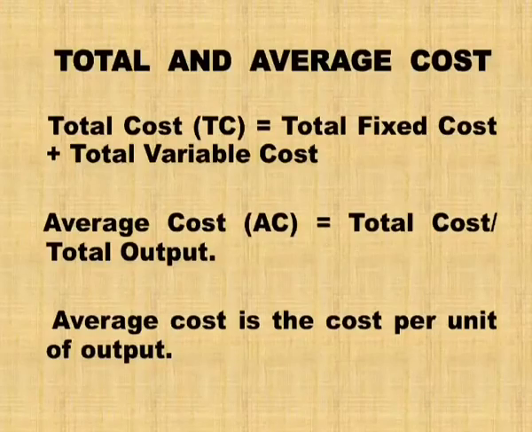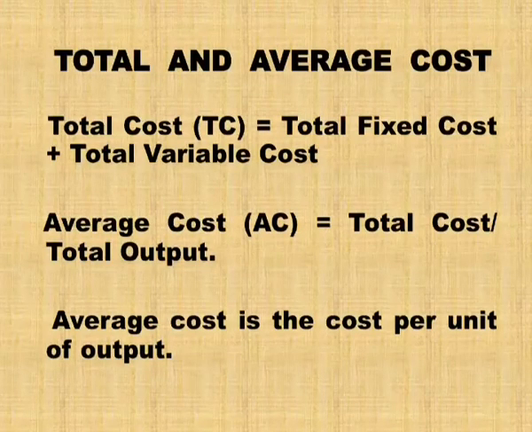This can be written as TC, which is total cost, equals TFC, which is total fixed cost, plus TVC, which is total variable cost. Average cost can also be written as TC upon total output, or TC by Q. Average cost is also known as the cost per unit of output.